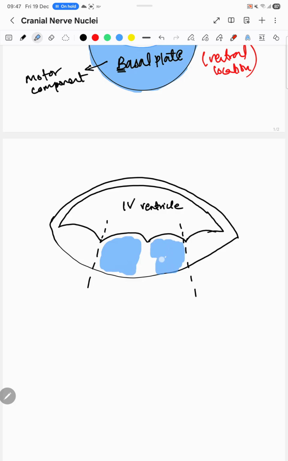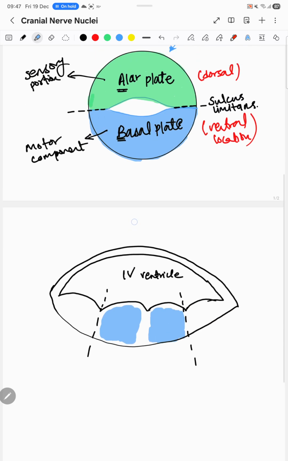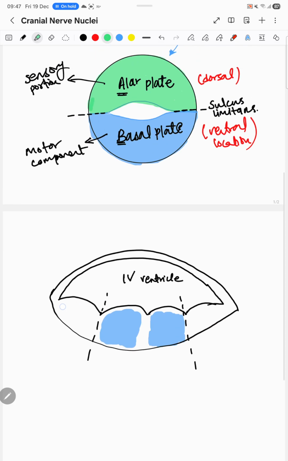This one is the basal plate. Let's make the alar plate in the same color.